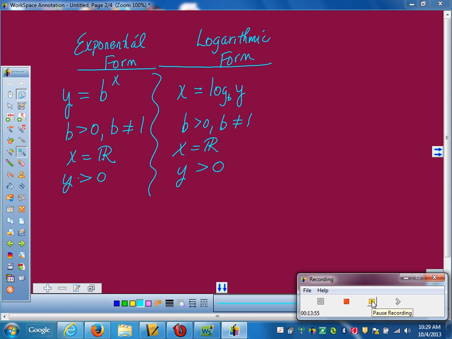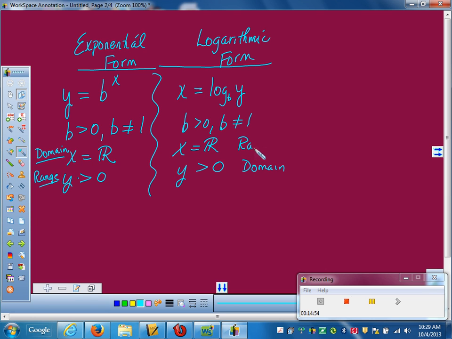Here, x is inside the function, so that would be the domain, would it not? And y is the range. But now, when I've switched, y is inside the logarithm, so that makes it the domain, and the range is what you're equal to.